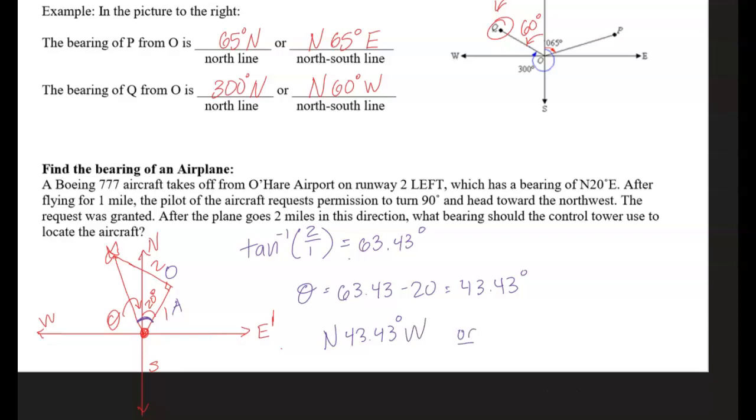Or you can write from the north line going clockwise. That's 360 minus this angle, which is 316.57 degrees north. And we're done. Oh my God.